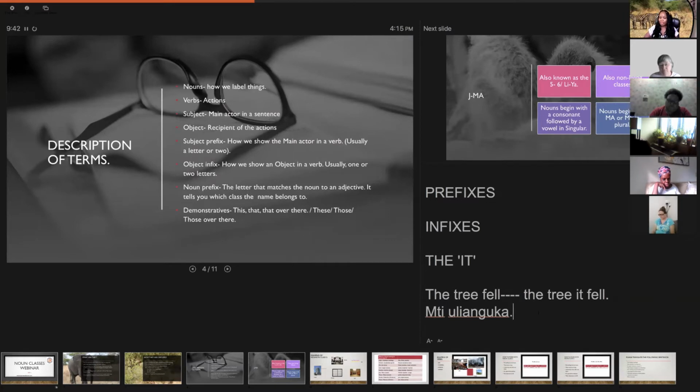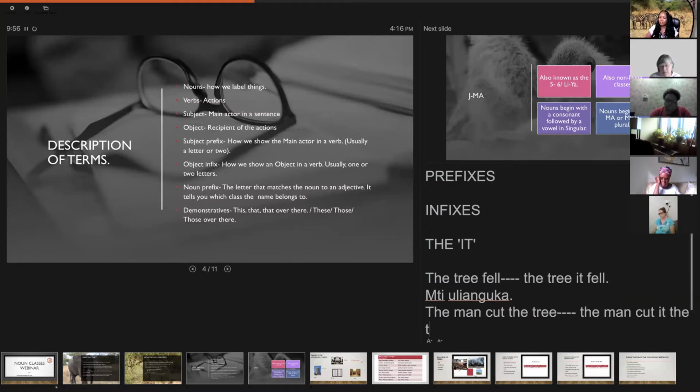Okay, English doesn't quite work like that, but that's how best I can explain what these prefixes and infixes are. Now, let's see about that tree as an object. The man cut the tree. So in Swahili, this is literally the man, he it cut. So it would be mtu aliukata mti.